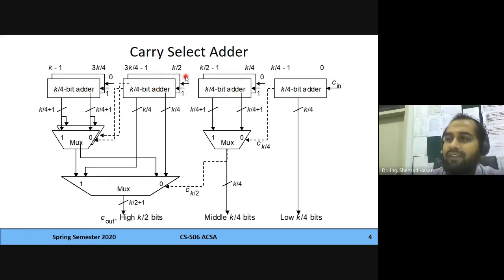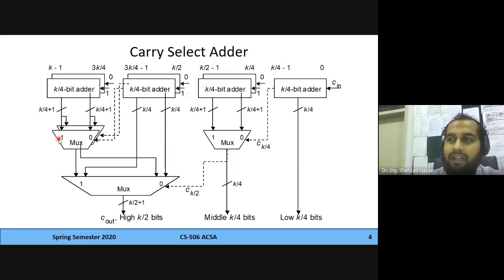Okay, so 0 is input coming from this side, and the result is 0. So that would be 0 0. 0 is coming from this side, but the carry out result is 1. So 0 1. So 0 can combine with 0, 0 can combine with 1. Similarly, 1 can combine with 0, 1 can combine with 1.